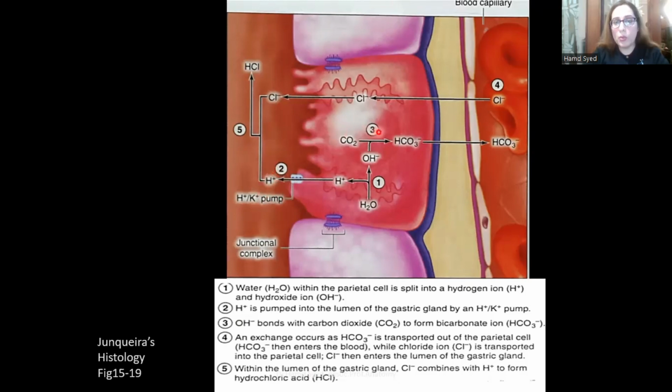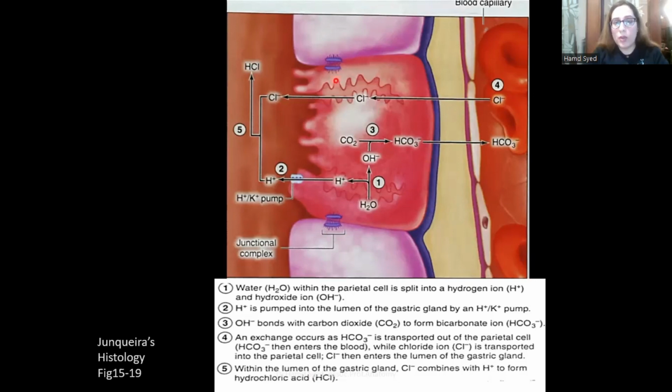Now, step 3, what happens to the hydroxide ion is that it unites with the carbon dioxide and forms bicarbonate ion. This bicarbonate ion is going to be moved or shifted into the blood vessels, that is the capillaries. And over here, you can see in return, chloride will be transported from the blood capillaries into the parietal cell.